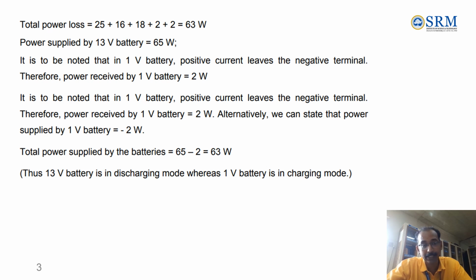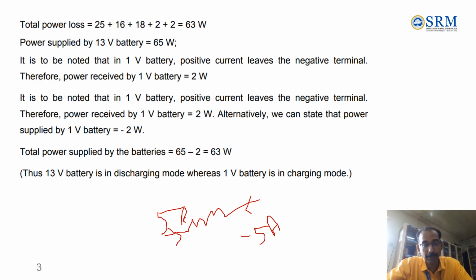Alternatively, we can state that the power supplied by the 1 volt battery is minus 2 watts. It is very simple. If you represent the current in any resistance as 5 ampere, and if you reverse the direction, you can write minus 5 ampere. In the same way, you can represent the power here as: the 1 volt battery supplies minus 2 watts.